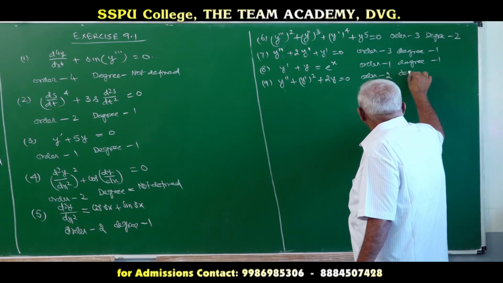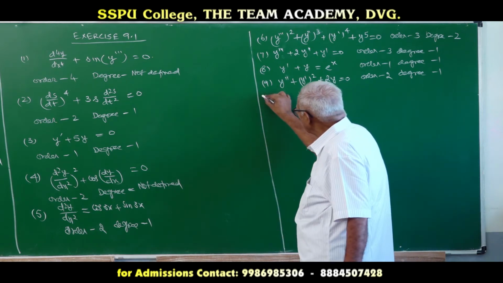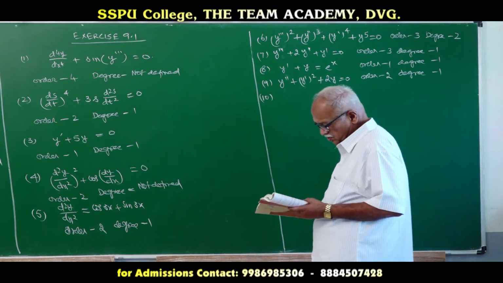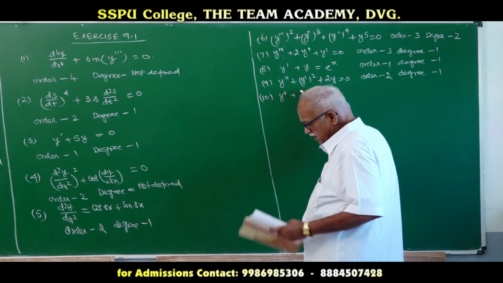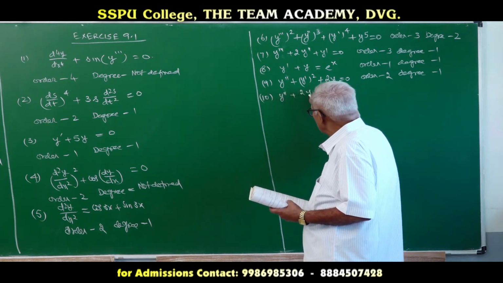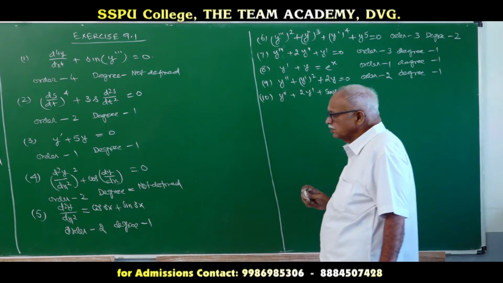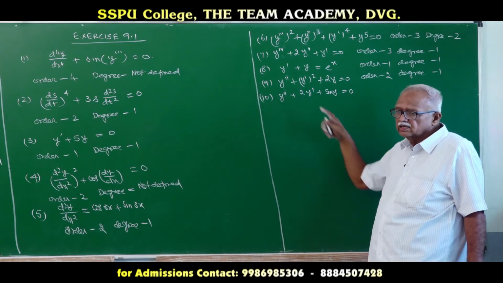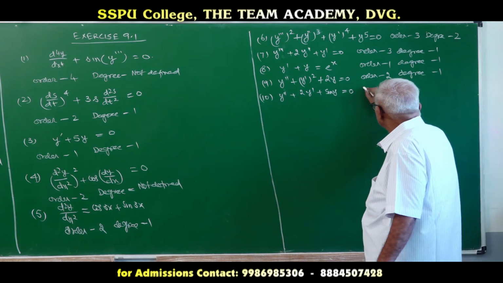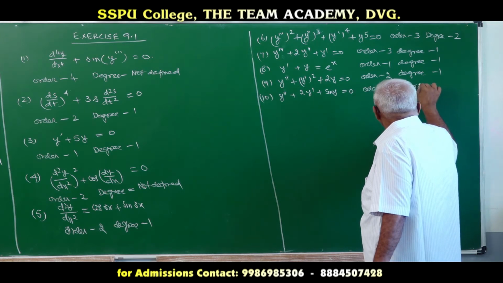So the degree is 1. Now next 10th question. y2 dash plus 2y dash plus sin y is equal to 0. Here also the order is 2. Degree is 1.